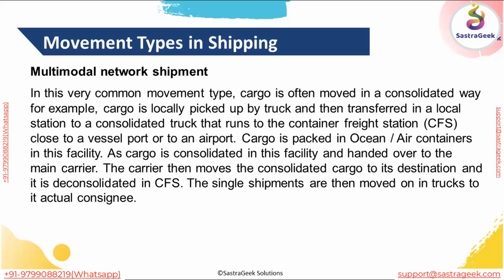That is, cargo is locally picked up by the truck, transferred to a local CFS, and from the local CFS it is then shipped onto an airport or a vessel, or onto a truck or vessel. So in multimodal, consolidation and deconsolidation is also a process that happens. The carrier moves the consolidated cargo through the main leg, and the deconsolidation happens again at the consignee.